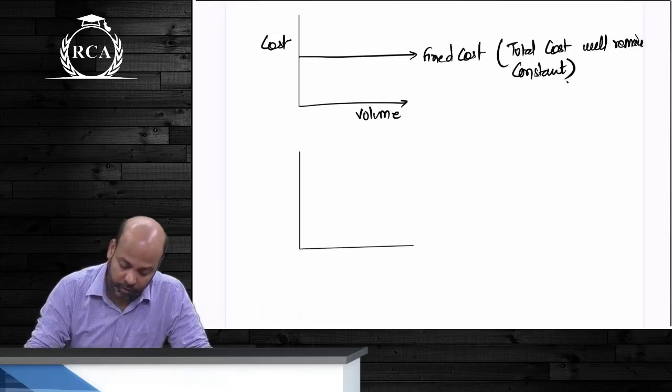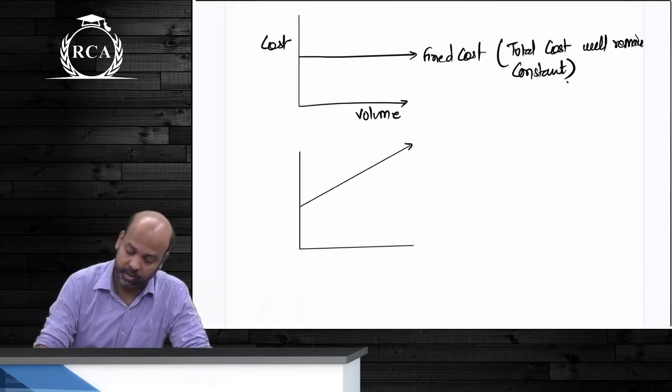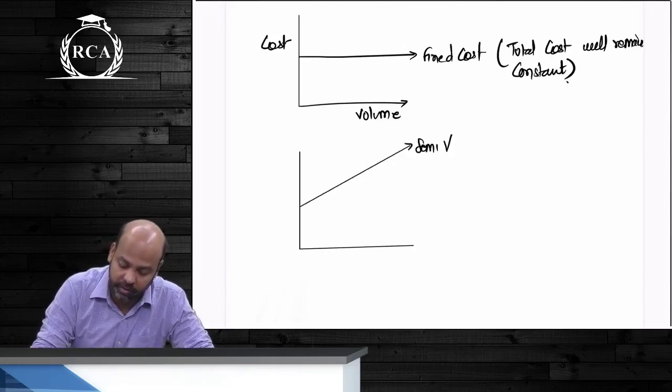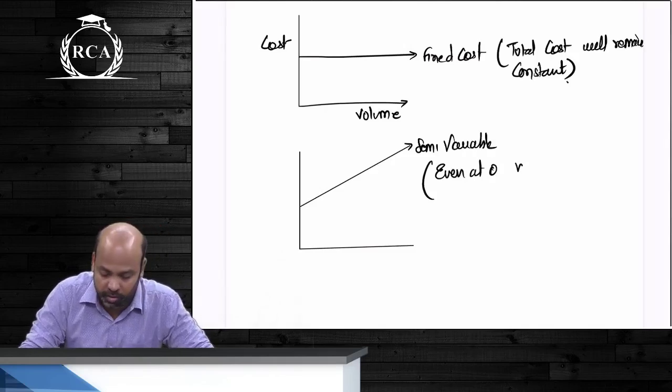Semi-variable will also be an upward sloping line, guys. It's just that it will not start from the origin. This is semi-variable cost. Even at 0 units, there will be some cost incurred.